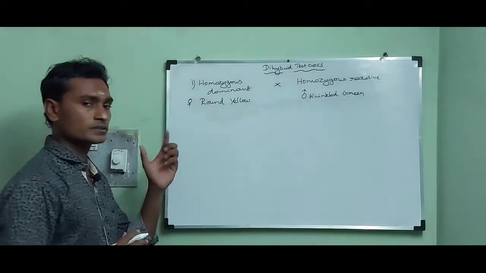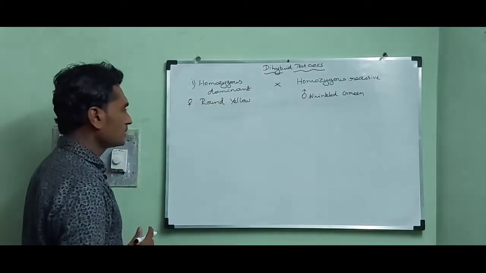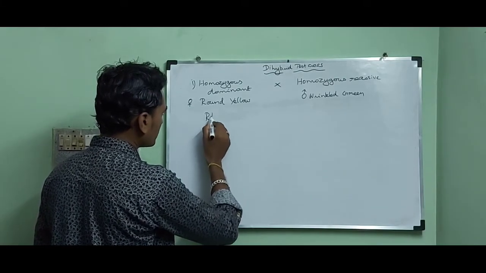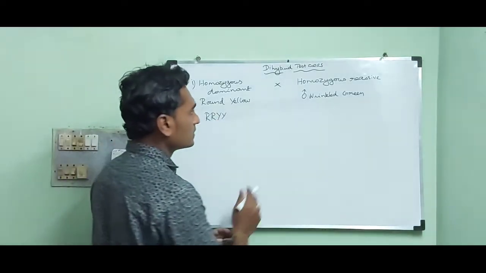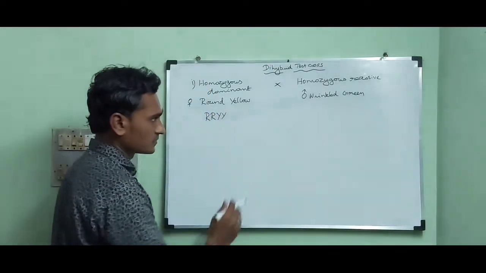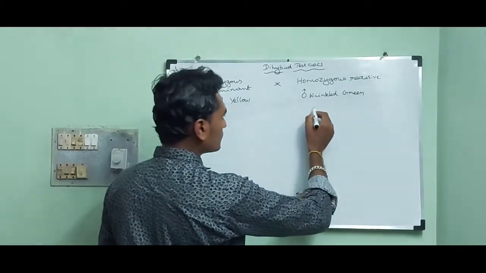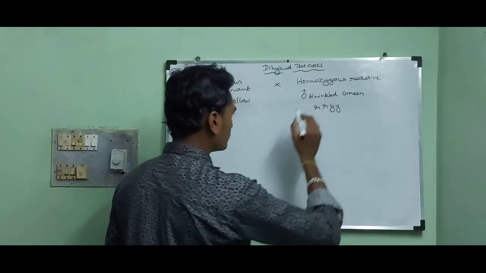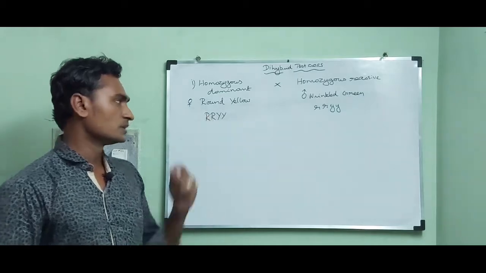Now I am going to write the genotype of the homozygous dominant parent. It is capital R, capital R, capital Y, capital Y. Then the genotype of the homozygous recessive parent is small r, small r, small y, small y. Now I am going to make a cross between these two individuals.